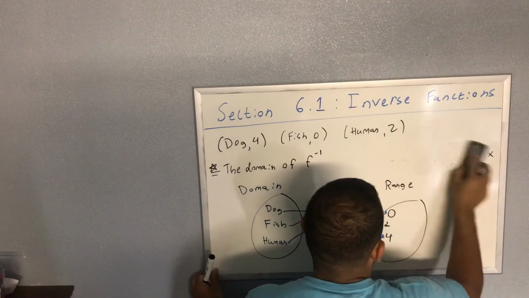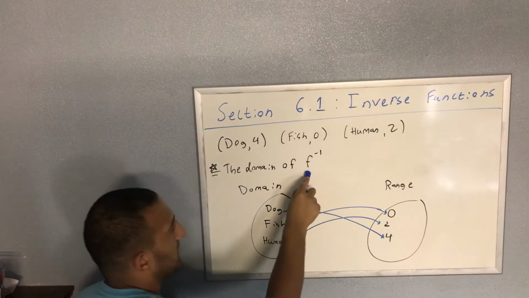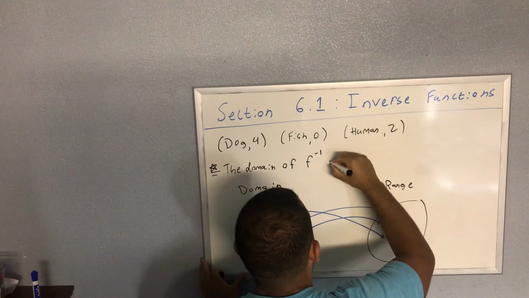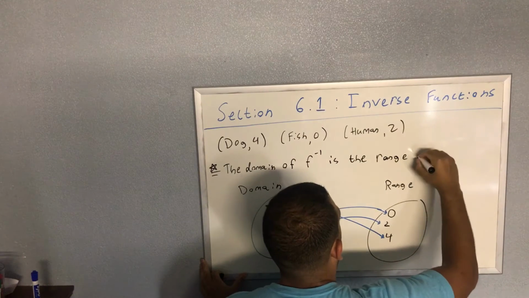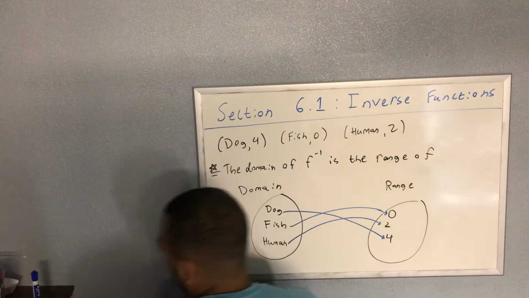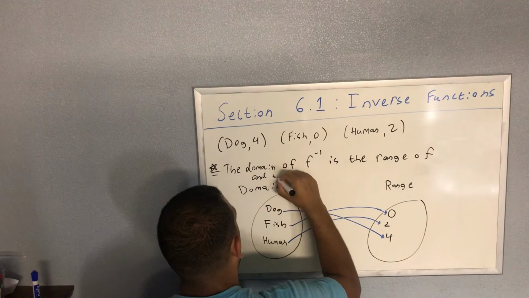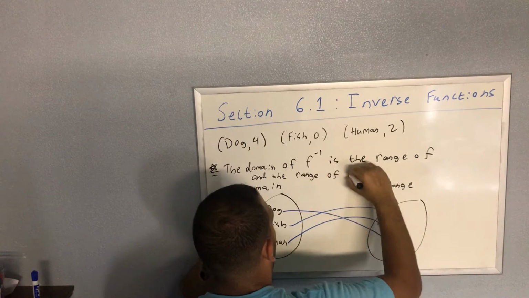So the domain of f inverse, this is the notation for the inverse function, is the range of f, and the range of f inverse is the domain.